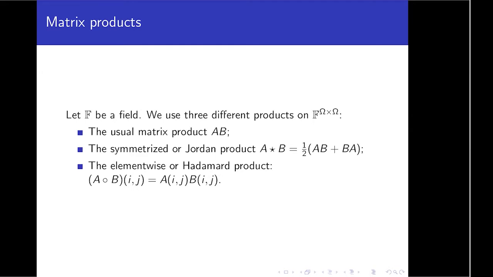If F is a field, then we define 3 different products on the matrices, where rows and columns correspond to elements of omega. We have the usual matrix product, the Jordan product, and the Schur-Hadamard product, the element-wise product.